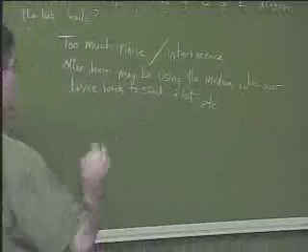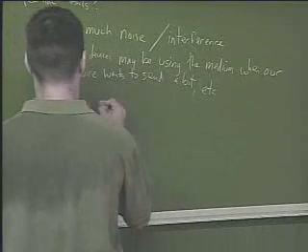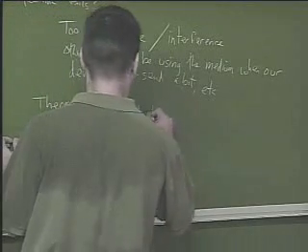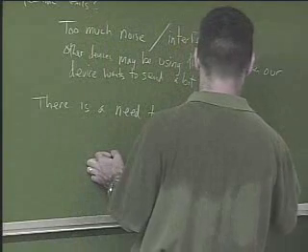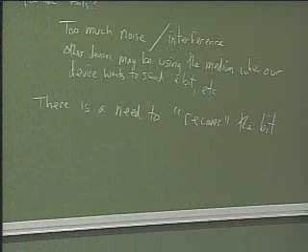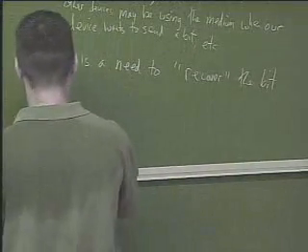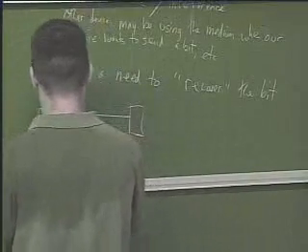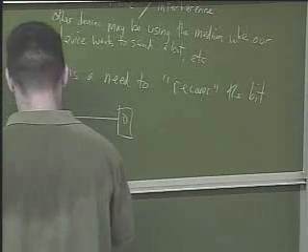Etc. Okay, so when this occurs, there's a need to, we'll say, recover the bit. That's what the data link layer is all about. Bits can get lost. We want to recover those bits. So just to summarize, we're going to have two or more devices, where D is a device.